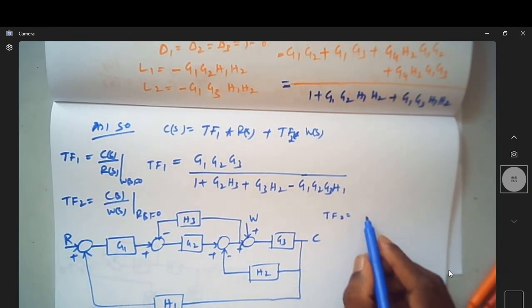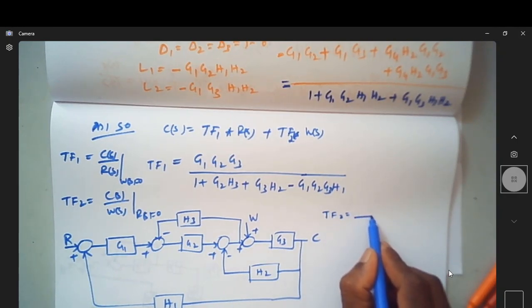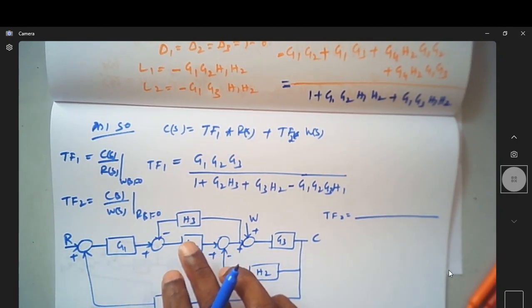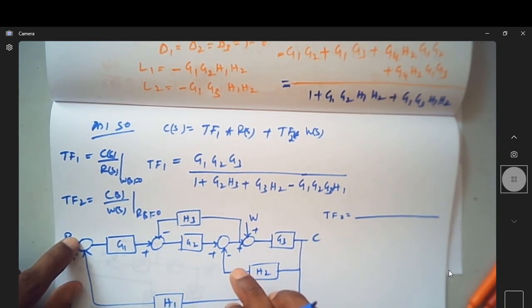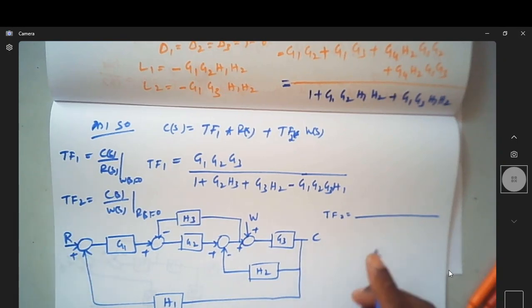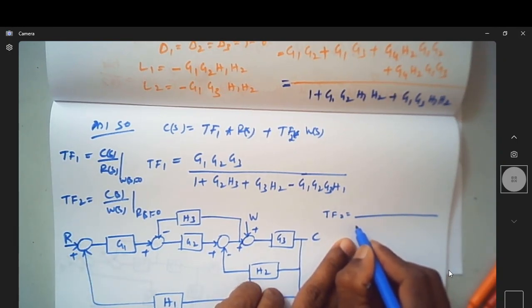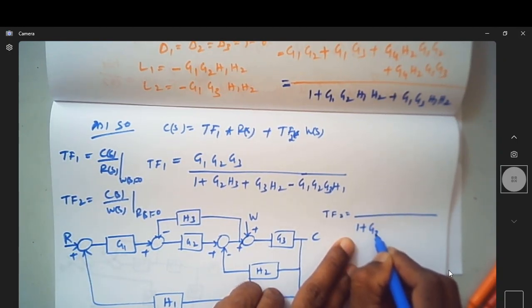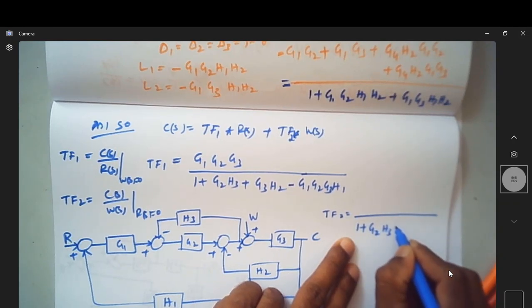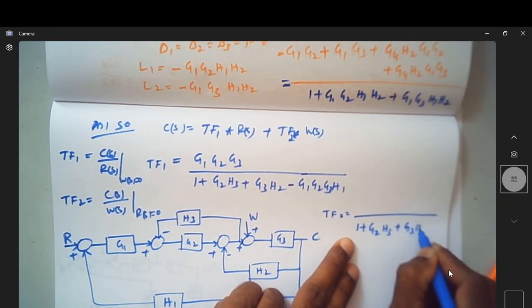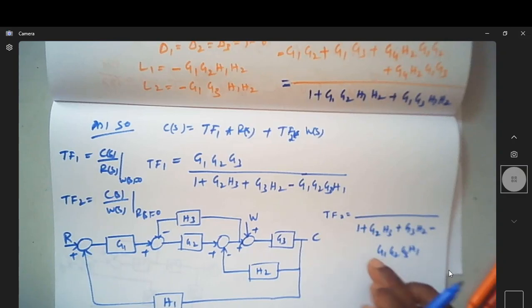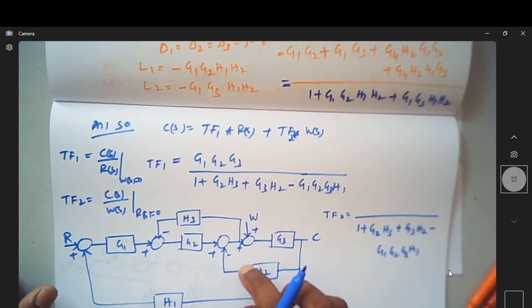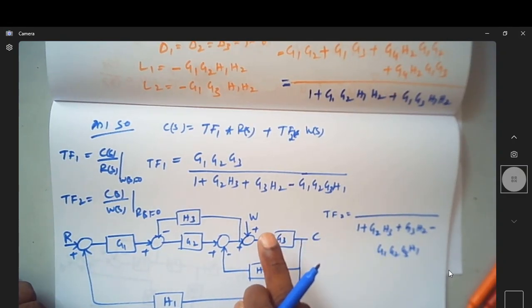What is the second transfer function, TF2? It is surprising to see that since the non-touching loops won't change if you change the input from here to here, the denominator remains the same. So what is the denominator? It is 1 plus G2H3 plus G3H2 minus G1, G2, G3, H1. So how do you reach this output from this W?